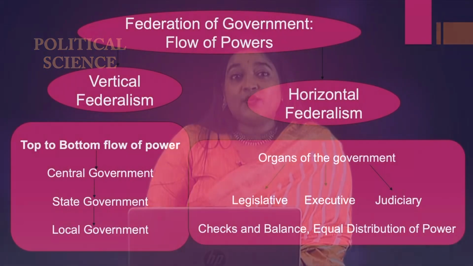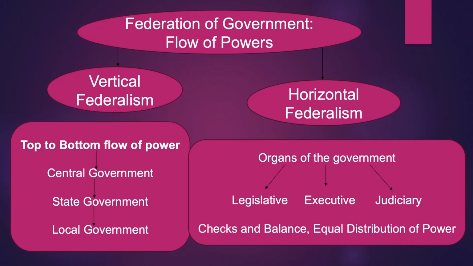Now, there will be 2 sorts of powers in which the authorities will be working, that is, the flow of power will be discussed in two different variants: vertical federalism and horizontal federalism. Horizontal federalism means the organs of the government. When we talk about vertical and horizontal, we need to see it through the system we have learned in mathematics, that is, the straight line formula.